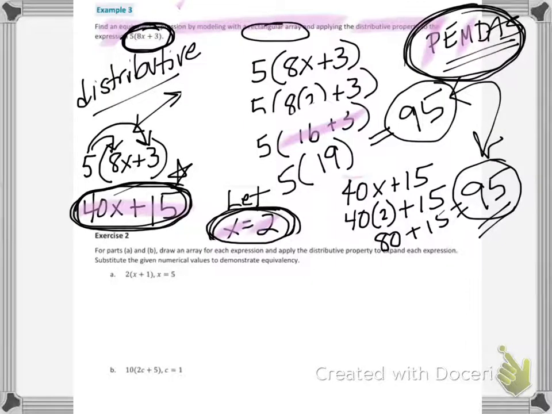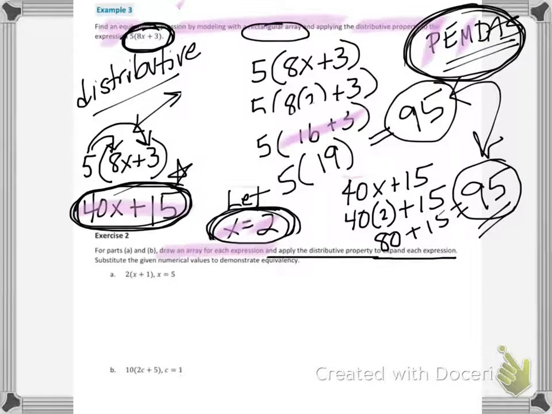For exercise 2 here, it says for parts A and B, draw an array for each expression, like I did on this page and have been doing this entire lesson. And then apply the distributive property to expand each expression.